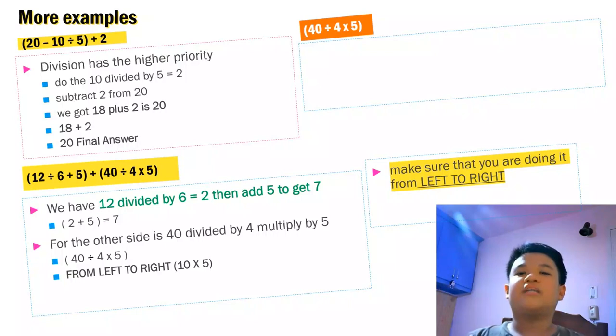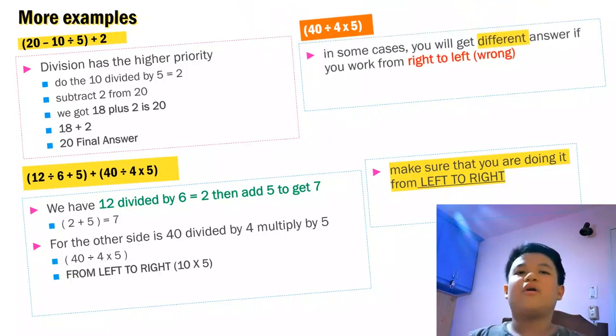That's because in some cases, you will get a different answer if you work from right to left. For the given example, if you work from right to left, that is 4 times 5 is 20, and 40 divided by 20 is 2. This method is from right to left.